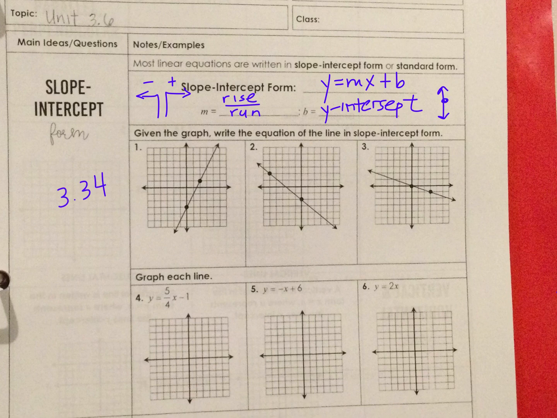So I'm going to look at this graph. I'm going to tell you my slope, and I'm going to tell you where it's crossing. My slope is 1, 2, 3, 4. 1, 2, 3, 4. So I rose 4, and I run 1, 2. I run 2. I ran out of room.